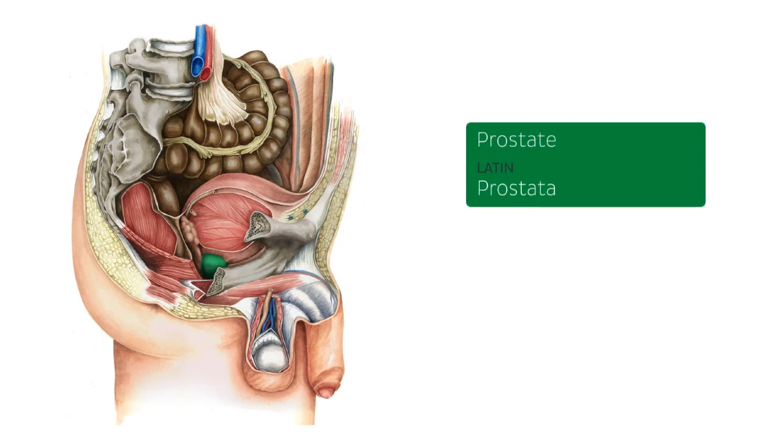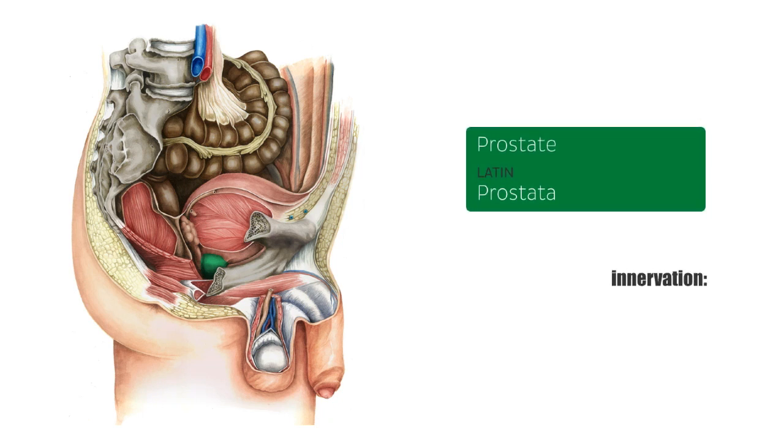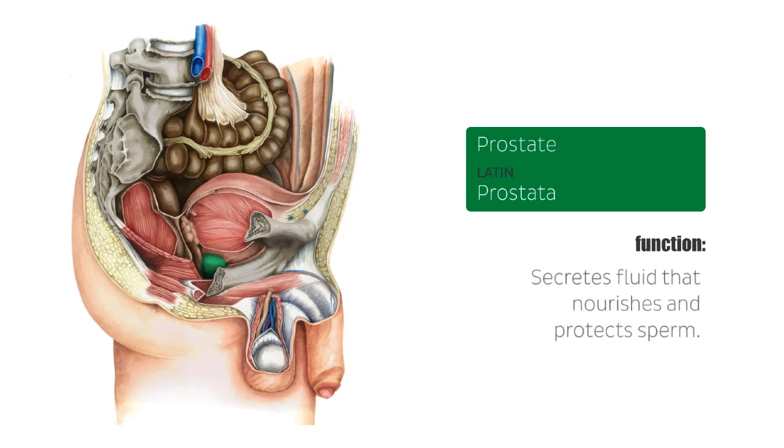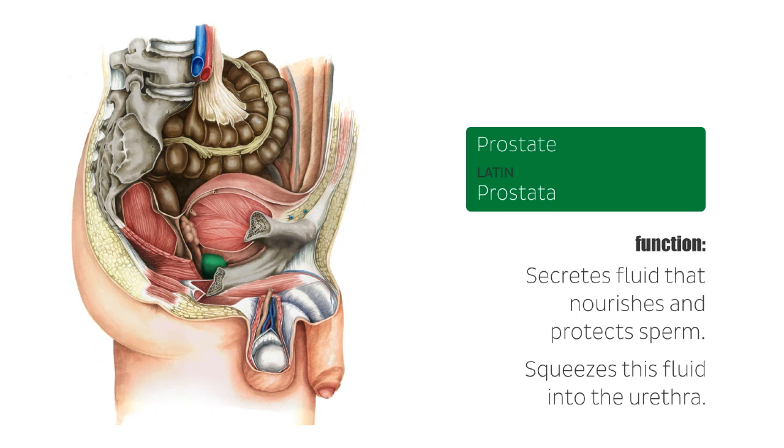Now, there's also innervation for the prostate, and the prostate is innervated by the inferior hypogastric nerve plexus. The function associated to the prostate is that this structure will secrete fluid that nourishes and protects the sperm. During ejaculation, the prostate squeezes this fluid into the urethra, and it is expelled with sperm as semen.